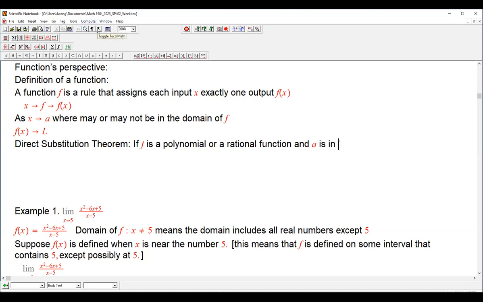A is in the domain of f. We can use the shorthand notation f because we already mentioned that function.